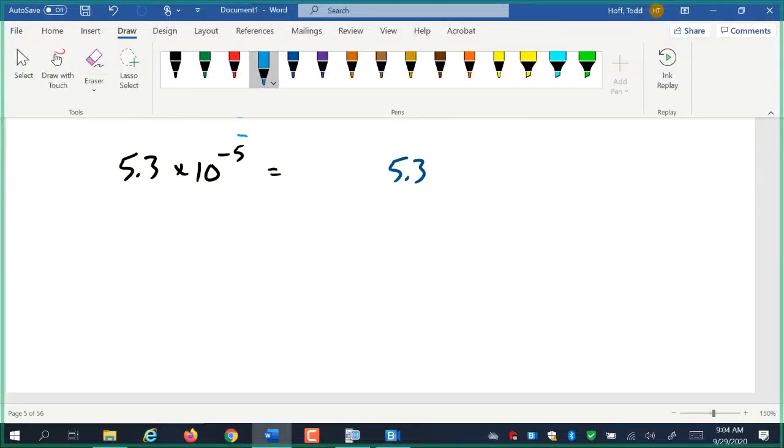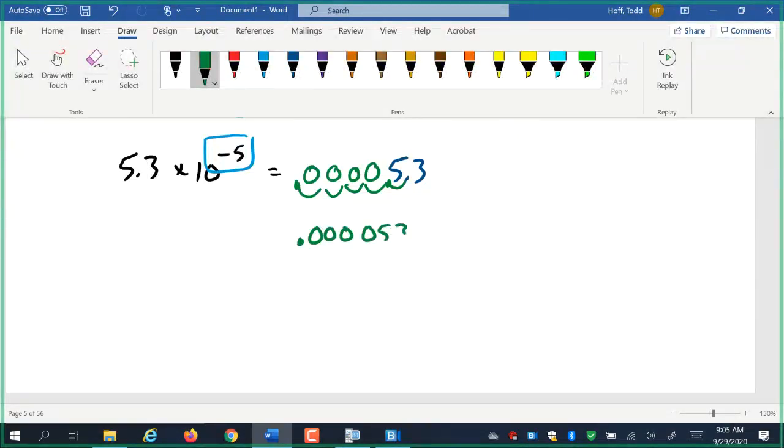The negative 5, it's a negative, which tells me that this is a small number, so I have to move my decimal point to make it smaller 5 places. So I go 1 spot, then I have to add zeros to go 2, another 0 to go 3, another 0 to go 4, and another 0 to go 5. That is 0.000053.